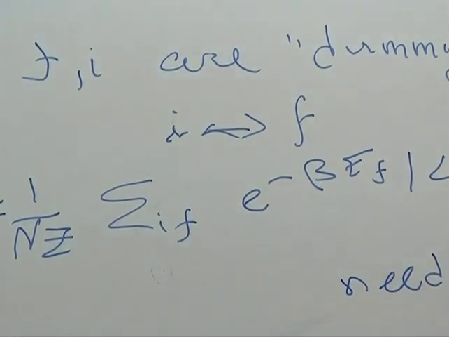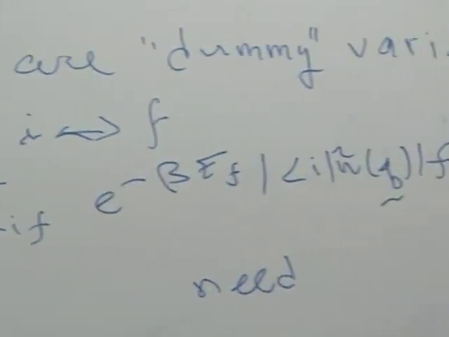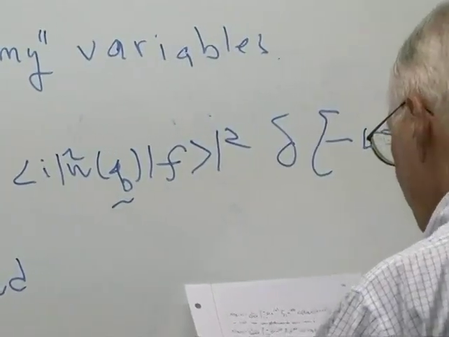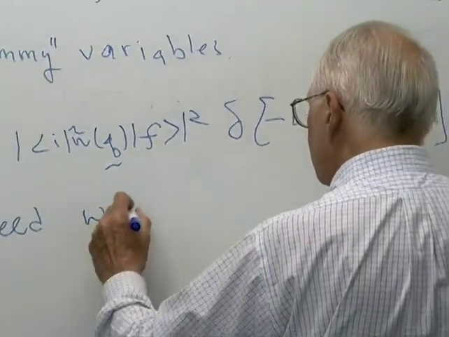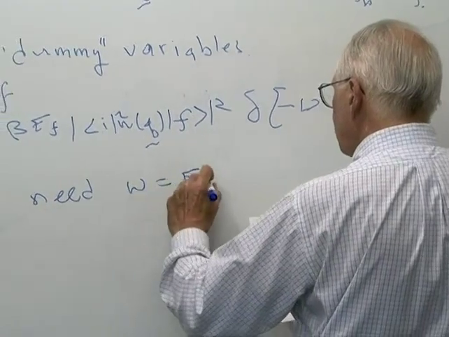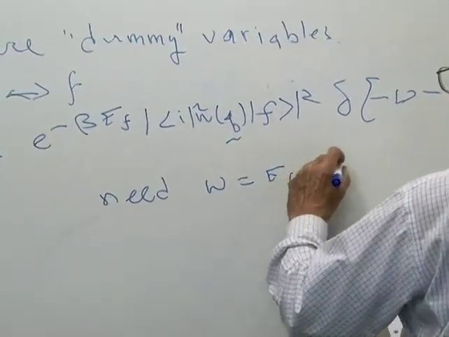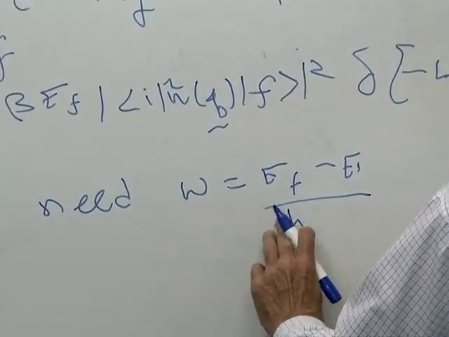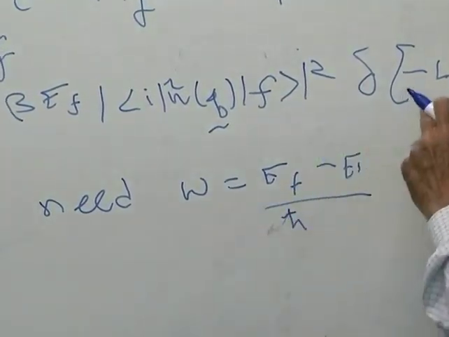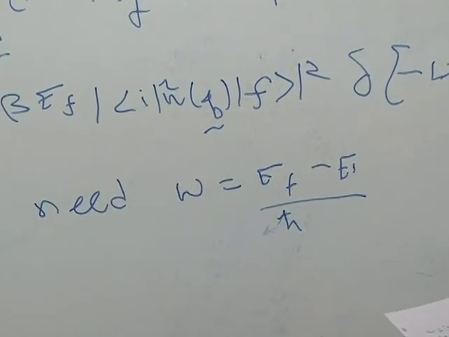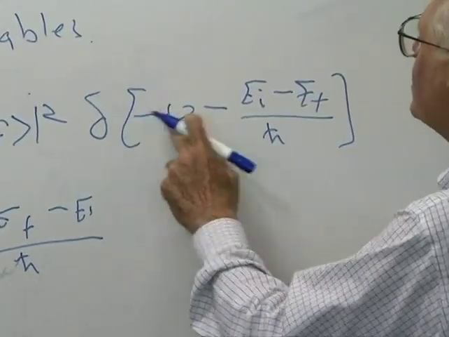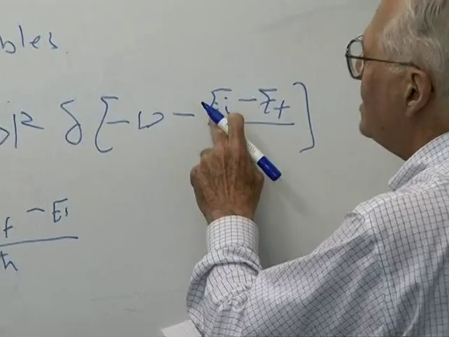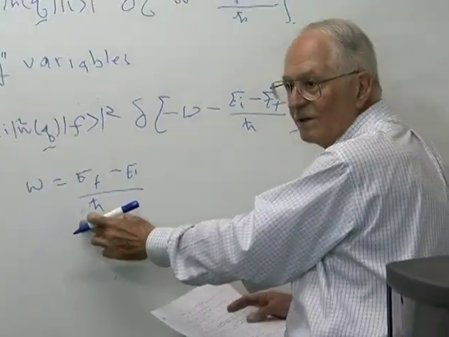This quantity here has to be 0. Otherwise, it's not going to work. And so I need omega equal to EF minus EI over H bar, because otherwise this delta function is 0. This is minus omega plus EF minus EI, and so that's why I get this factor here.